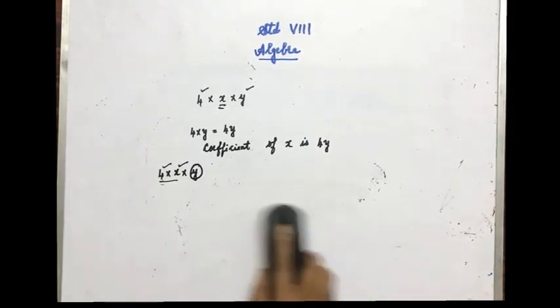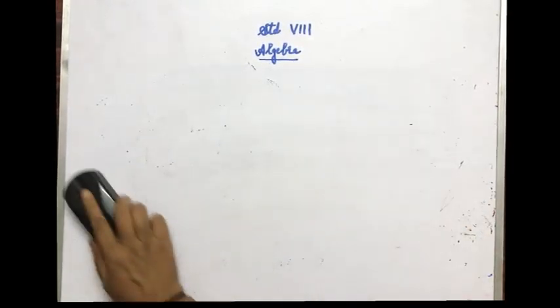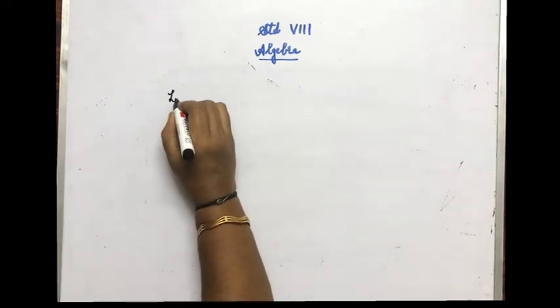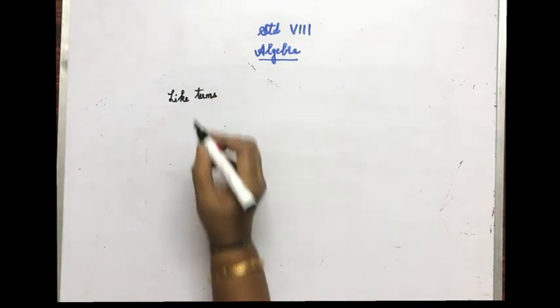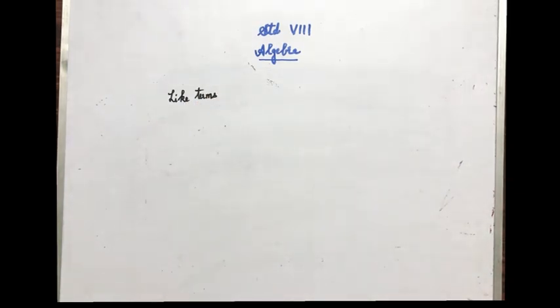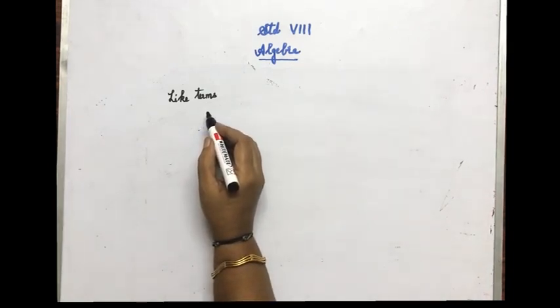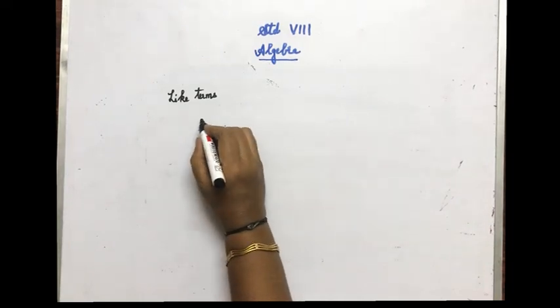Now next we are going to see like terms and unlike terms. We all know an algebraic expression consists of terms. Now which are like terms?